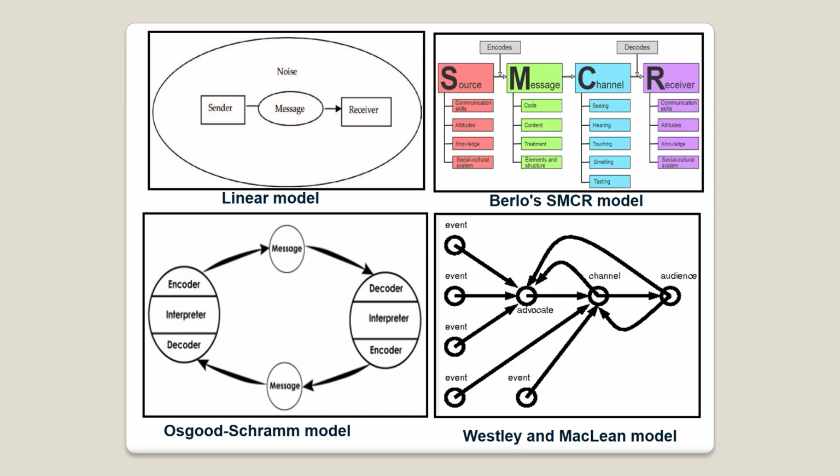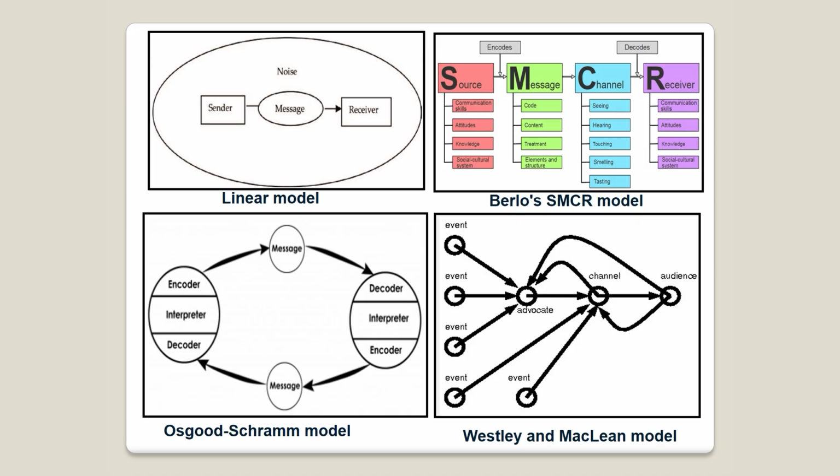And if we talk about the Berlo SMCR model, it may be elaborated through the 4 words. S is for source. Source means what information is being sent, what is ready for sending. That may be communication skills, an attitude, a message, or any social cultural system, and it will be encoded as a message.